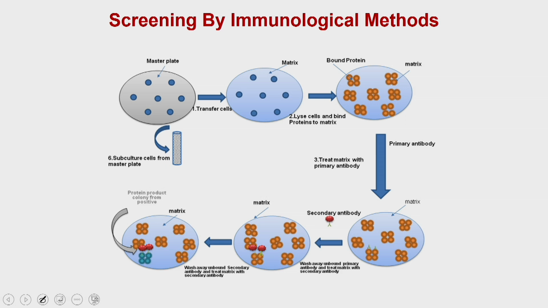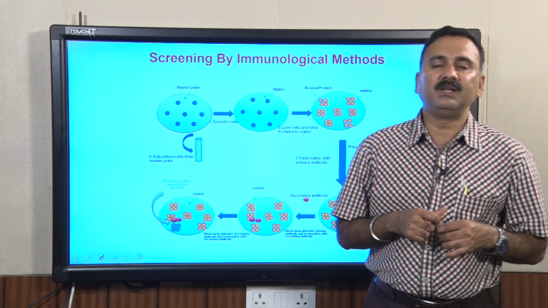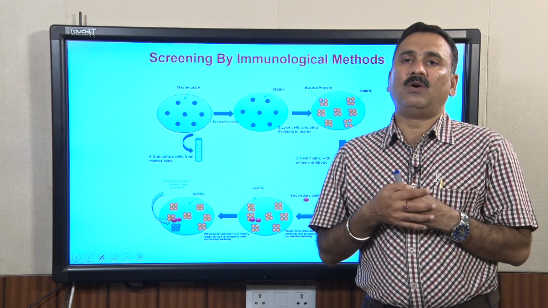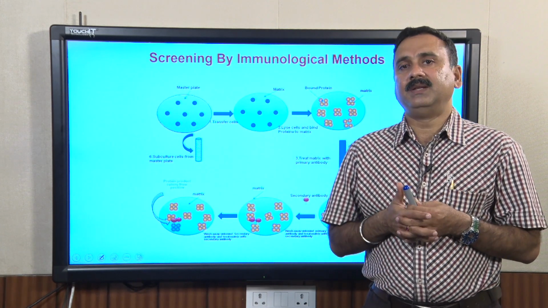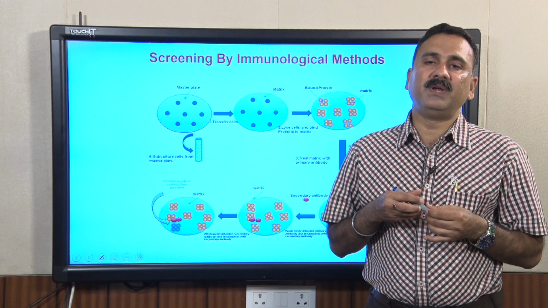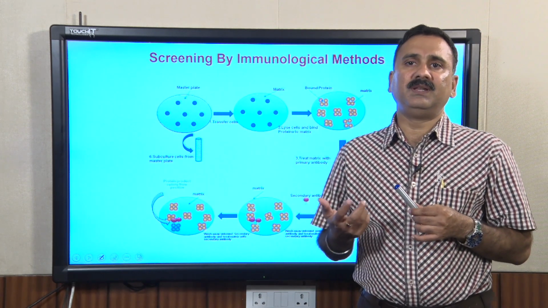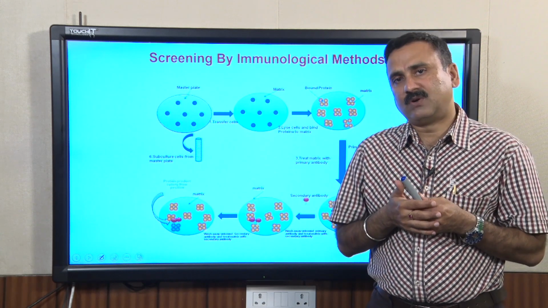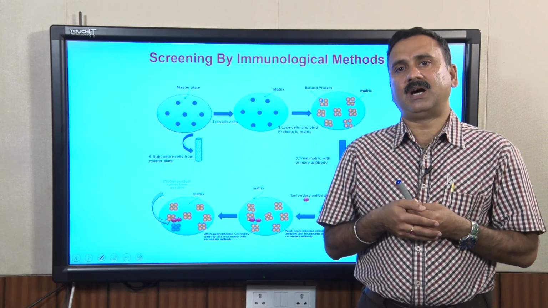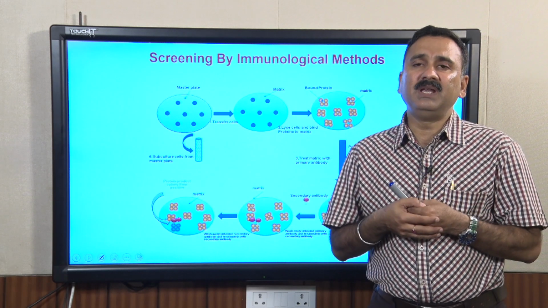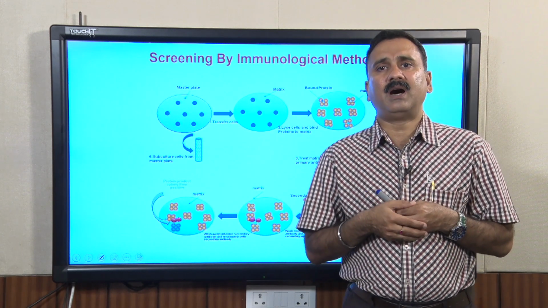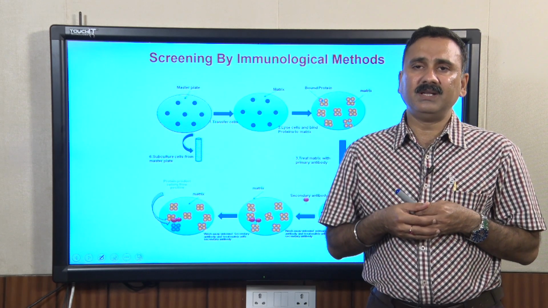Now, let us move on to the next method, which is called screening by immunological methods. This is based on the fact that every protein we use has a stretch of amino acids which are immunogenic, which means these stretches of amino acids are going to produce antibodies.